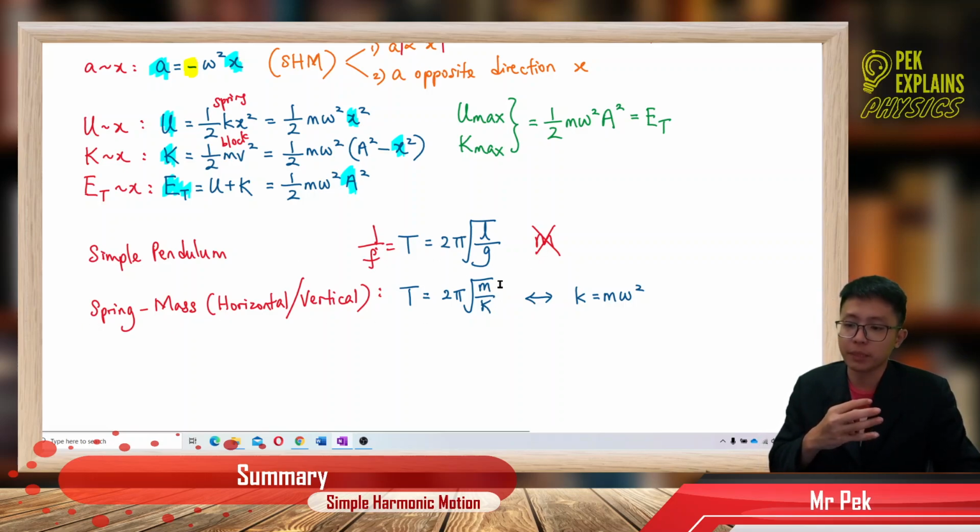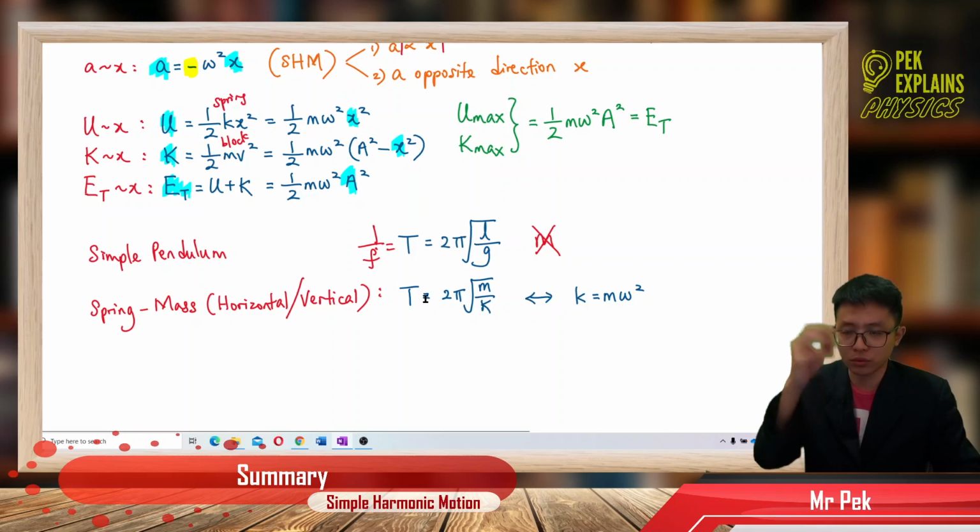The bigger the mass, the longer the period, slower to oscillate. It also depends on the spring constant. The higher the spring constant, meaning the harder the spring, the shorter the period. It oscillates faster.